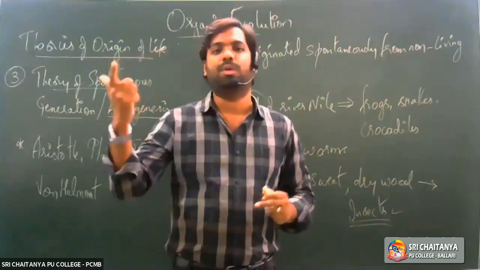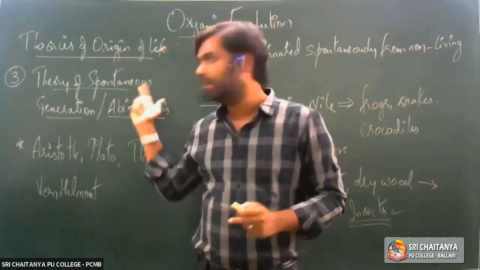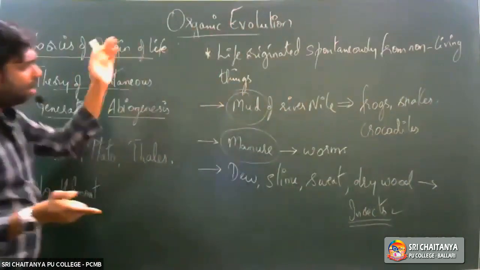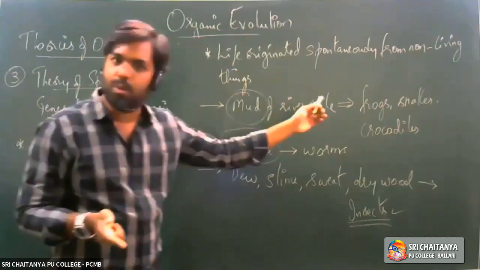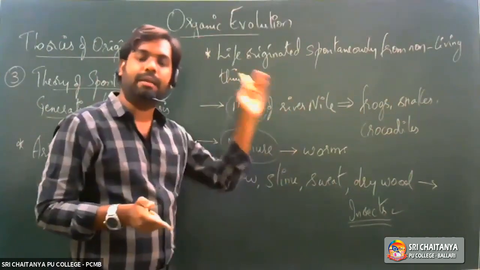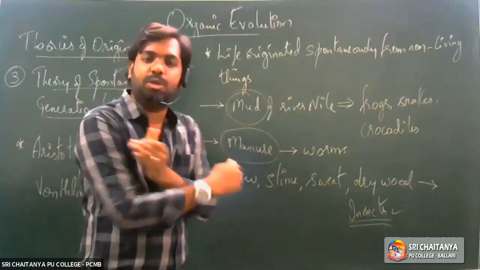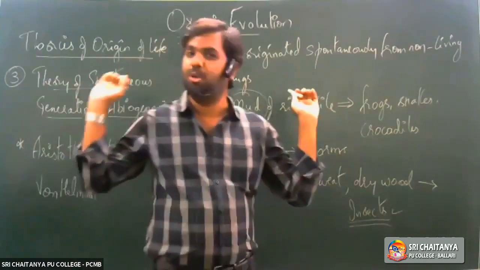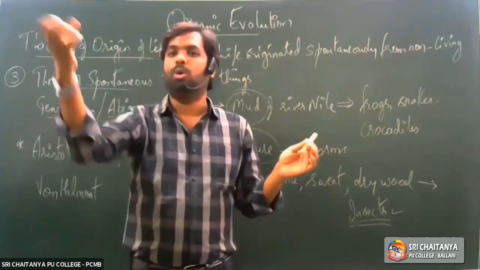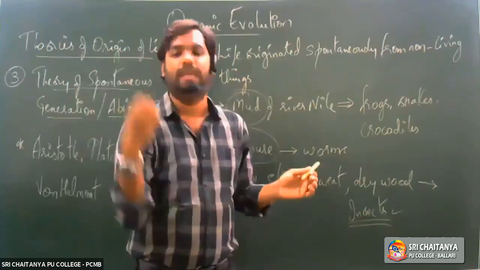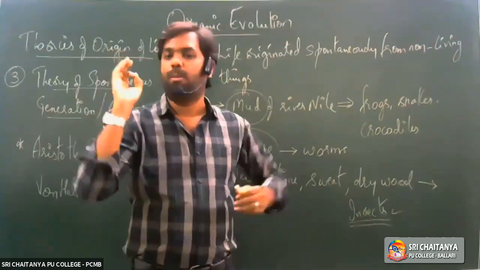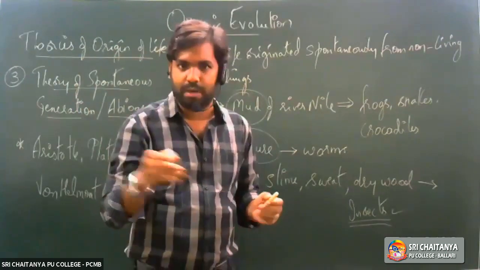The second theory we took up is the theory of panspermia, or the theory of cosmozoa. In that theory, Arrhenius said that life is distributed throughout the universe, and from an unknown part of the universe, protoplasm somehow reached the earth in the form of either spores or germs.